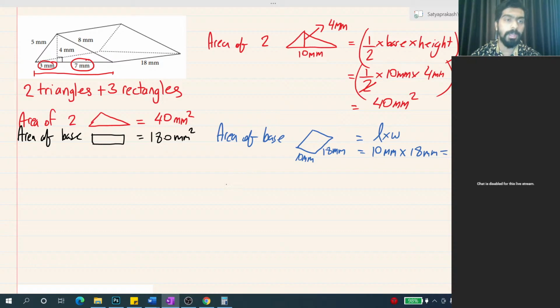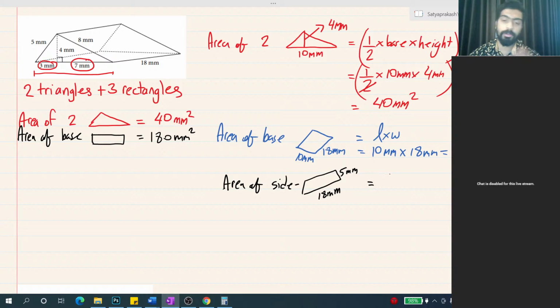Now let's go to the area of the side. Area of side rectangle, which looks something like this, where we have dimensions 5 mm and 18 mm, right guys?